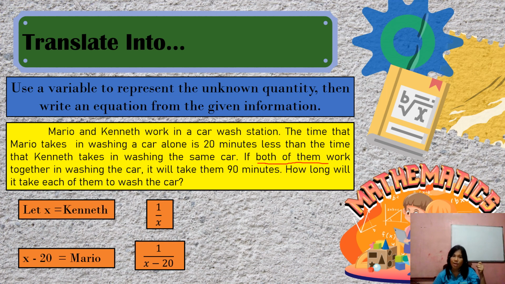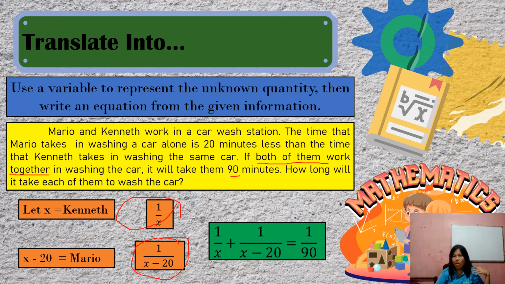So, meron tayong 1 over x plus 1 over x minus 20. I-add natin, ano ba yung time nila together? So, together daw, meron silang 90 minutes. So, si 90, of course, dahil nilagay natin sa baba si Ken, tsaka si Mario, yung time nila, nasa baba din siya. So, the final equation will be 1 over x plus 1 over x minus 20 equals 1 over 90. Yan na yan.